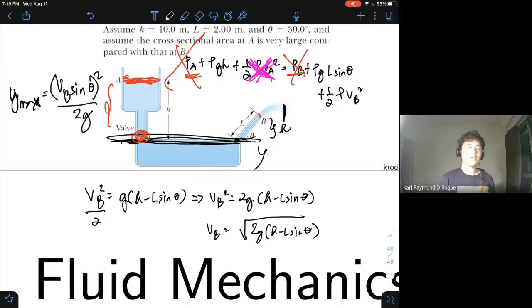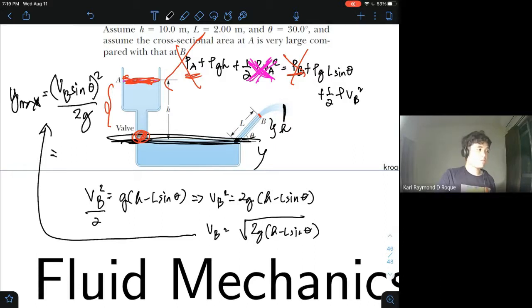Tapos na tayo. Substitute natin lahat yan. If we substitute all of this, we will get Y max equals 2.25 meters.